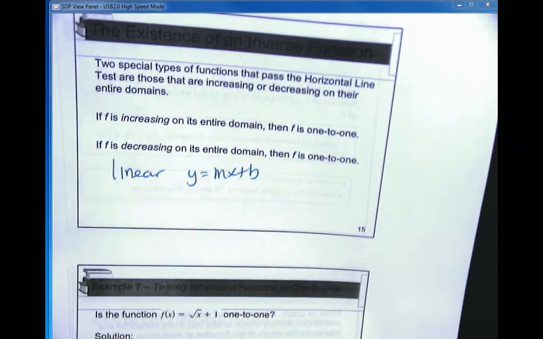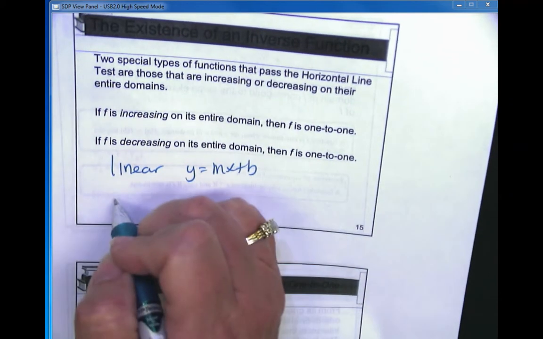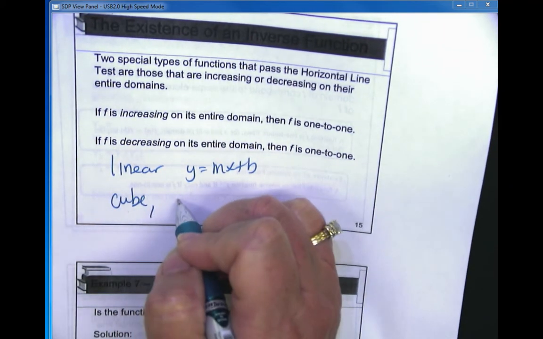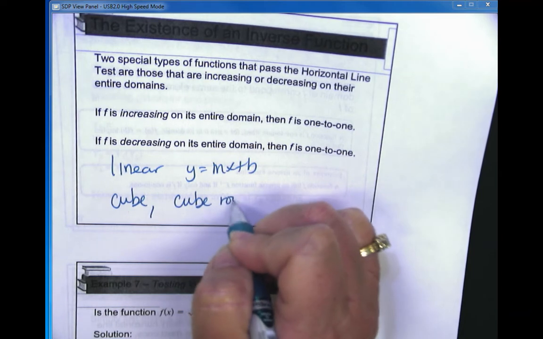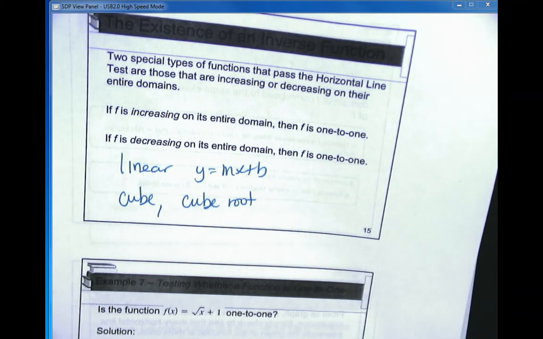So when you switch your x and y, you're going to get another line. A cube and a cube root, those are inverse functions of each other, because they're either always increasing or always decreasing. They're always going up or they're always going down. Does that make sense?